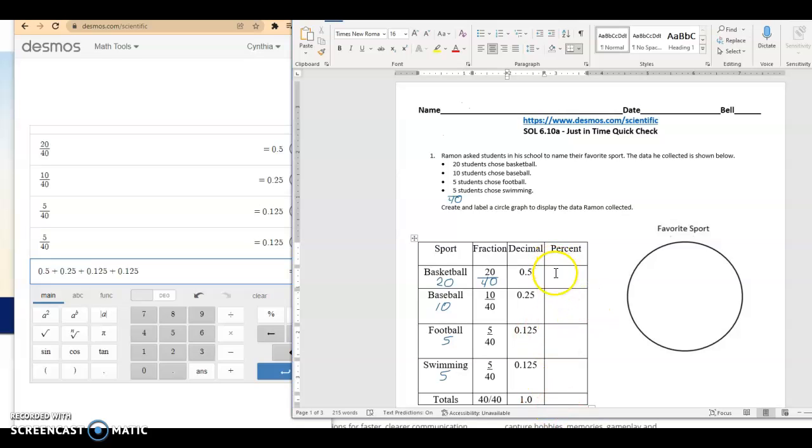Now my percent, in order to give me a percent, let me put this in here. My percent is my decimal times 100. This one was numerator divided by denominator.